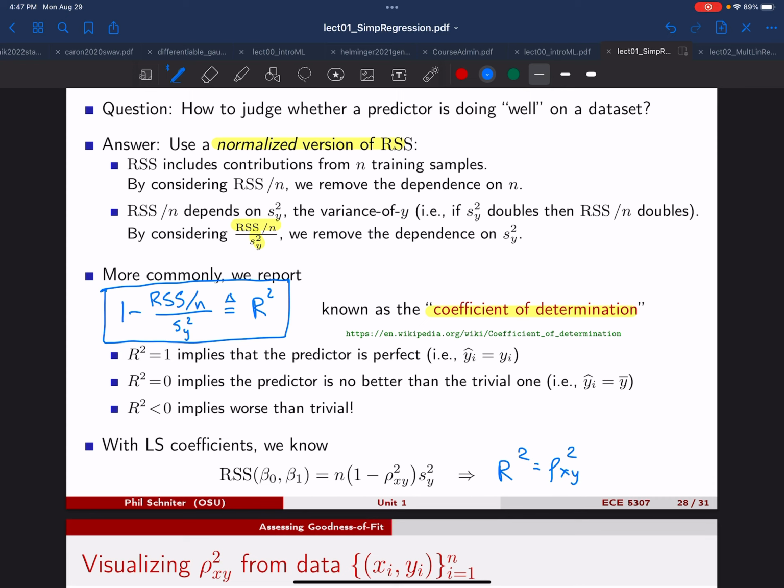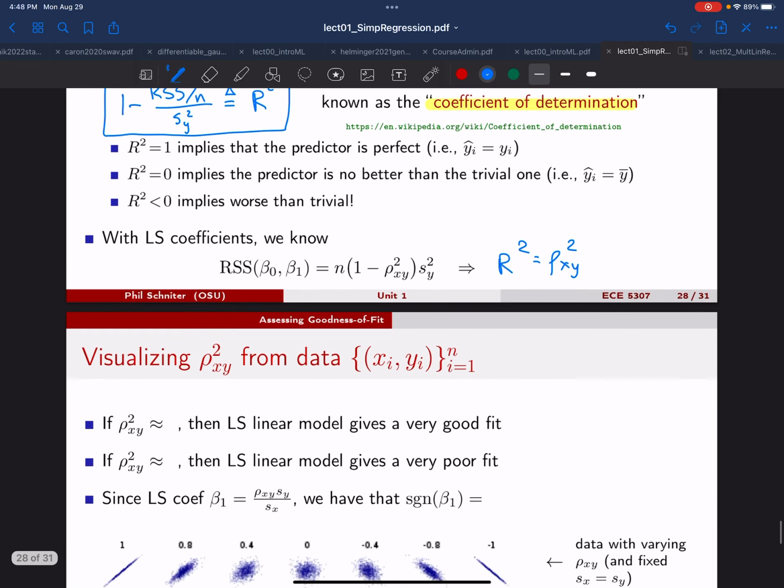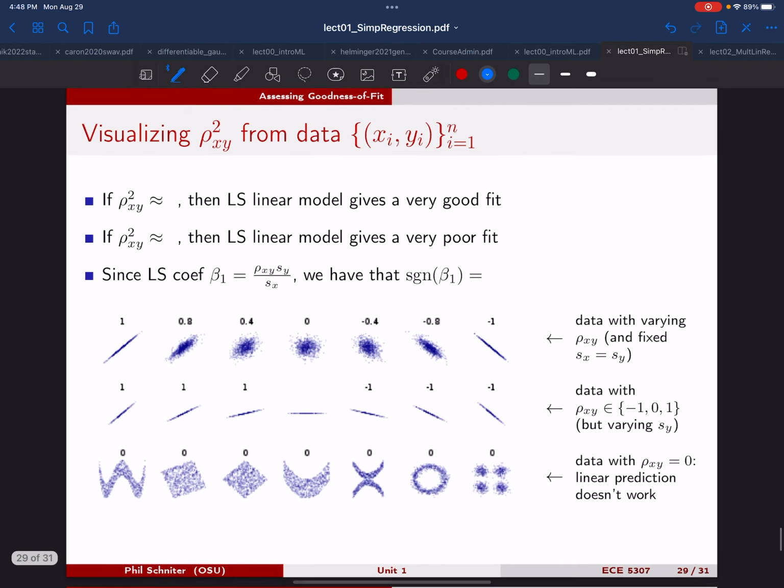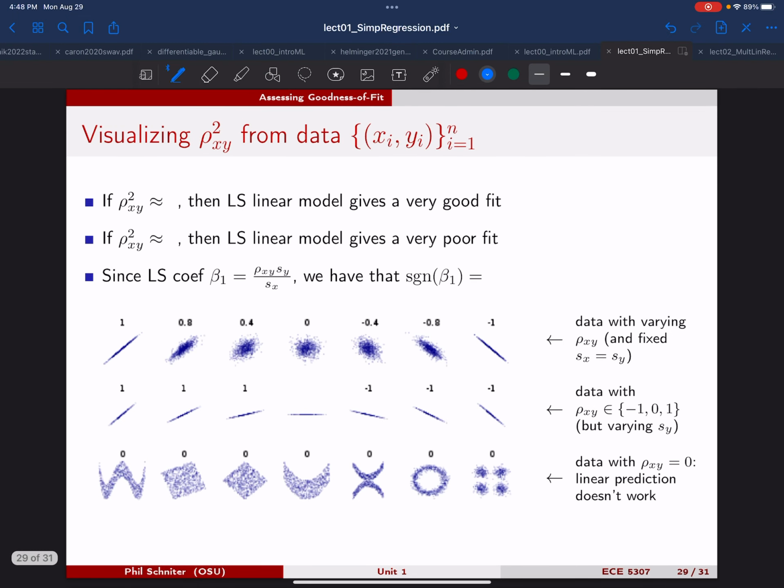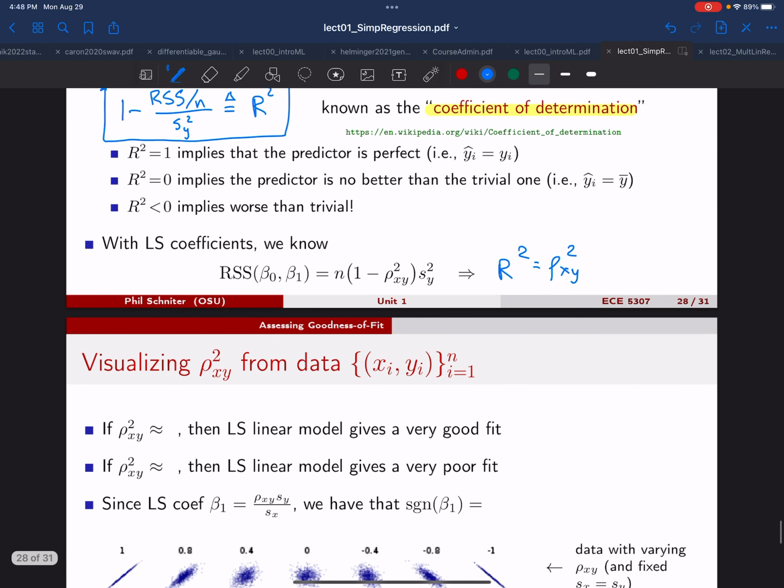Okay. So that's it for all the math. Let's just take a look at another visualization, since really it all boils down to rho xy squared, at least for the optimal predictor.